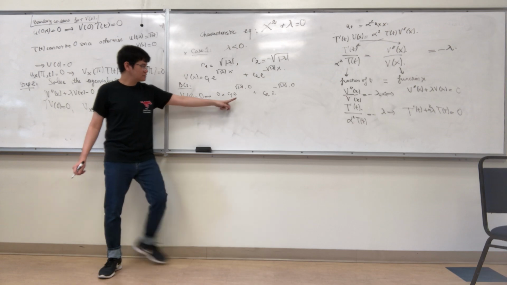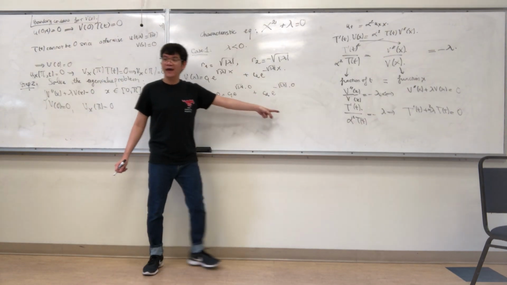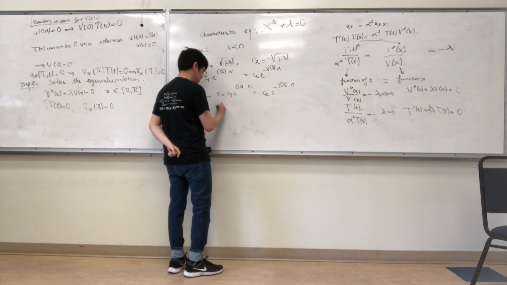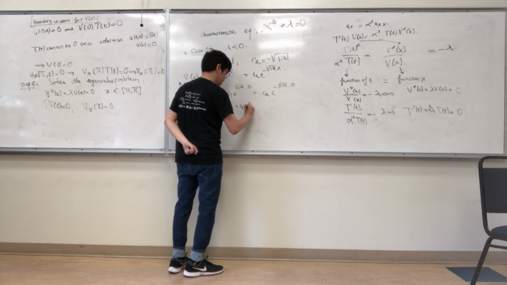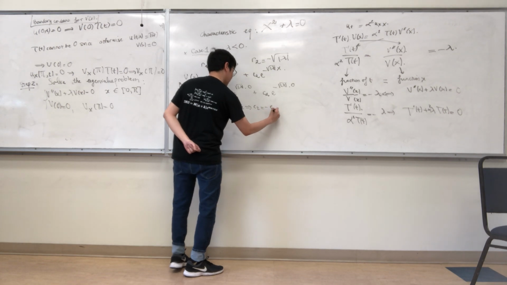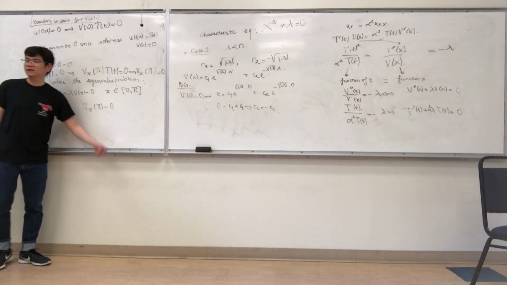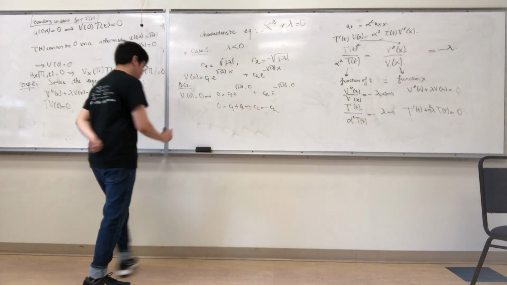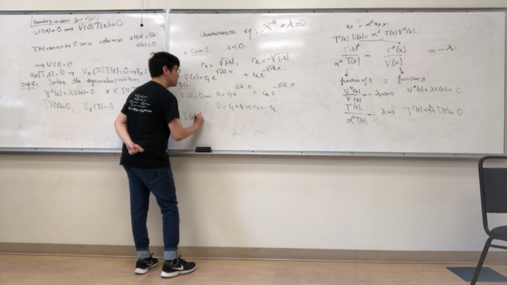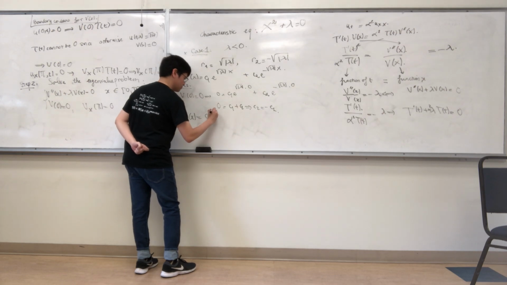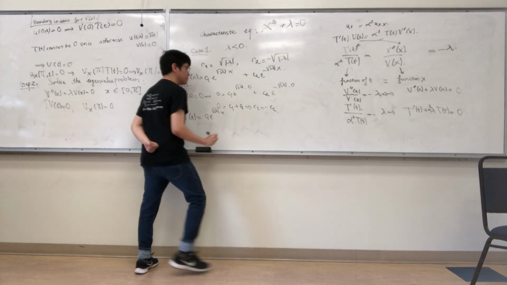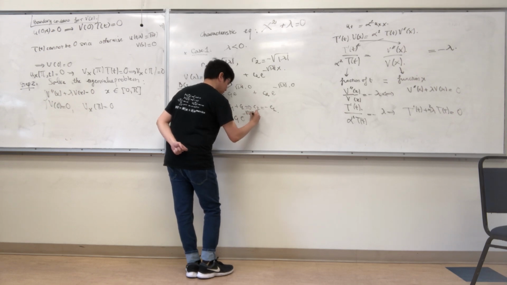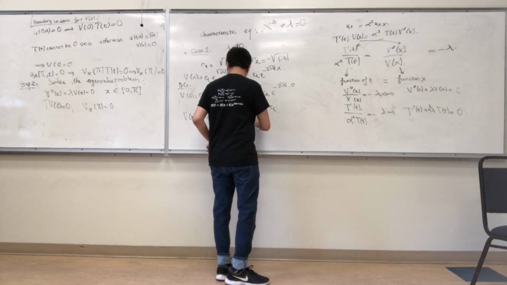Both exponentials are 1, so I have 0 is C1 plus C2. So C2 has to be minus C1. Now I plug this C2 back into the form of v. So I'm going to have v(x) is C1 e to the square root of lambda x minus C1 e to the minus square root of lambda x.